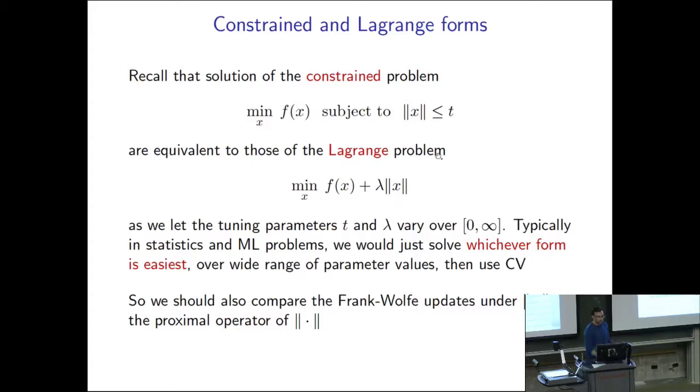There's a particular mapping that takes us from t to lambda or from lambda to t, but that's a random mapping if we have random data. So if you think about statistically choosing the best, they're still not exactly the same. Okay, that's maybe a longer tangent. To first order though, if you just wanted to find an estimator that had some regularization corresponding to the norm, you would just choose whichever form is easiest and solve it over a range of parameters.